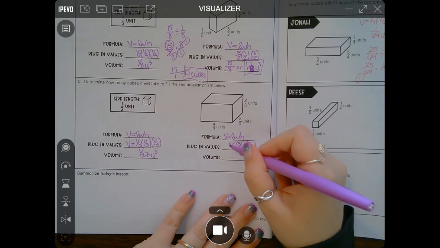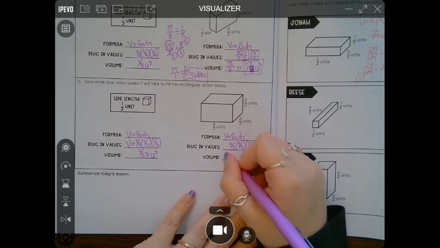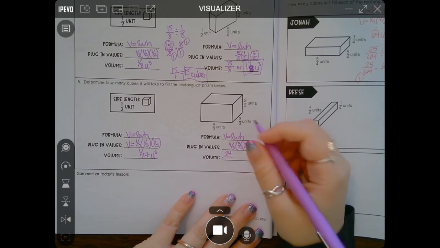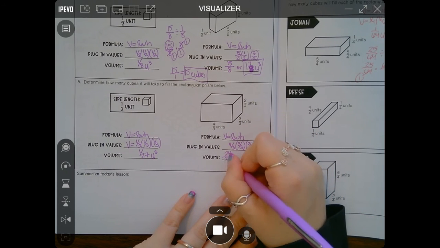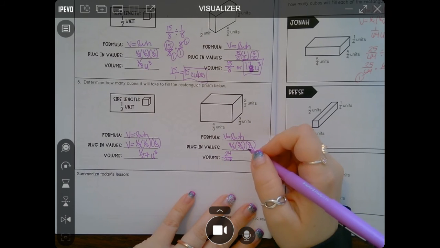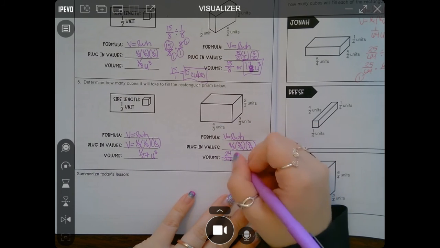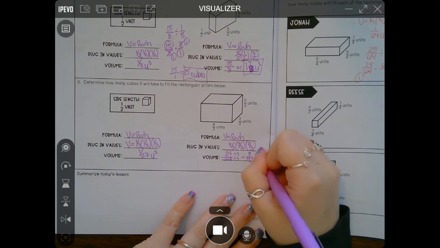Let's see. 4 times 3 is 12. 12 times 2 is what? Yeah, 24. Okay. And then 3 times 3 is 9, and 9 times 3 is 27. Okay. I could reduce that by 3, right? If I reduce that by 3, I get 8 ninths cubic units.